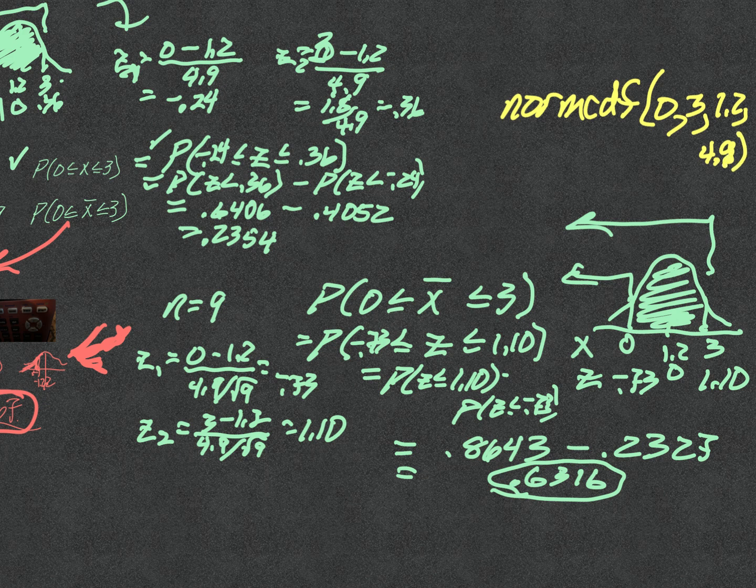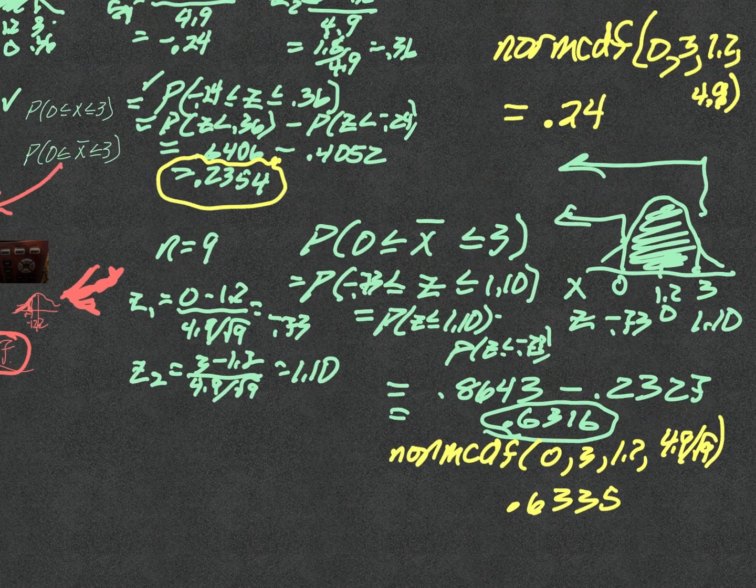And on the second one, we're going to do norm CDF, and we're going to go from 0 to 3. The mean is 1.2, but we're going to put the standard error, 4.9 divided by the square root of 9, or just divided by 3. All right, and we'll just let the calculator calculate it, which is fine. Okay, so I'm going to punch those in the calculator and I'll show you.